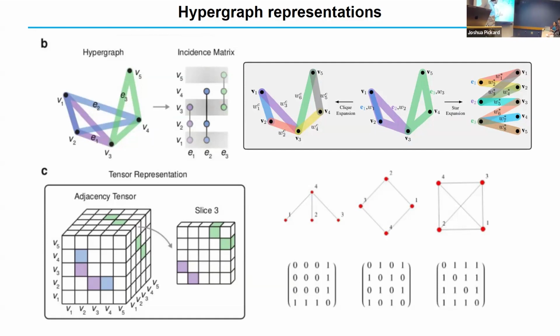Here we have vertices 1 through 4, and there's going to be a 1 in the ij entry of your adjacency matrix if vertex i and vertex j have an edge or are interacting with one another. So here 1, 2, and 3 all interact with vertex 4. So basically the column and row 4 are dense with 1s.